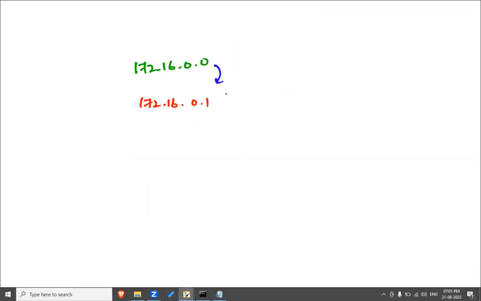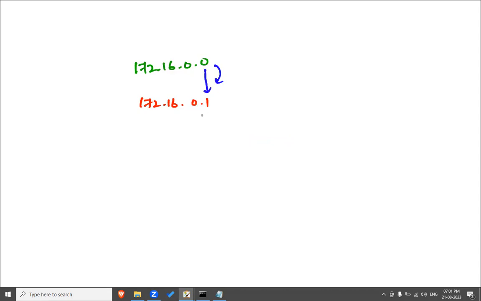Many students argue with me and think that the next IP address is 172.16.1.0. So here you have 0.0, and they'll think that after 0.0, 1.0 will come, but that's wrong. You cannot have 1.0. The next IP address is 0.1, right?